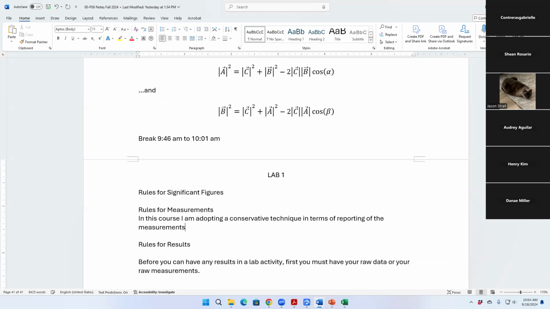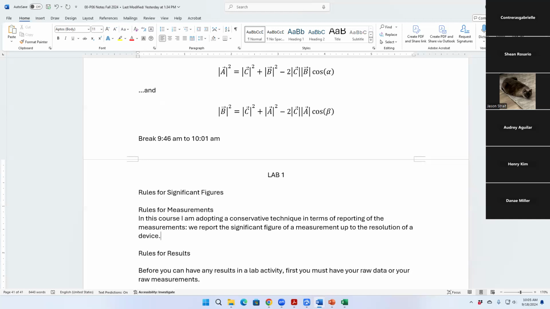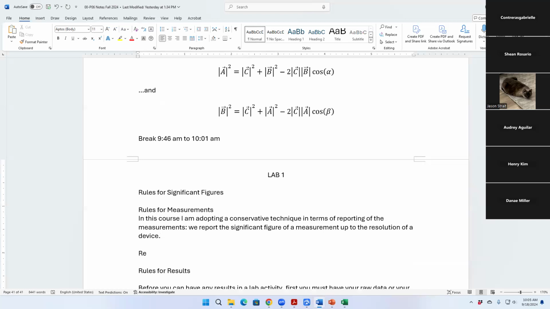So how do you do it? I prefer this method. We report the significant figure of a measurement up to the resolution of a device. Resolution of the ruler, resolution of the device, the smallest division in the device.